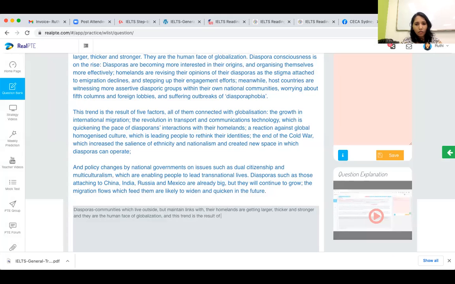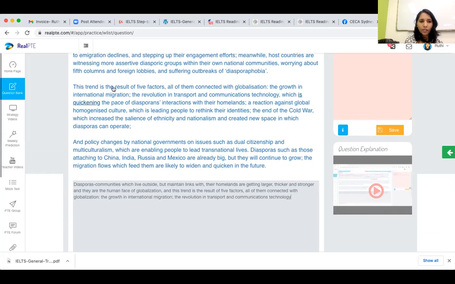is the result of 5 factors, all of them connected with globalization, the growth in international migration, the revolution in transport and communications technology, which is quickening the pace of diasporans' interactions with their homelands.